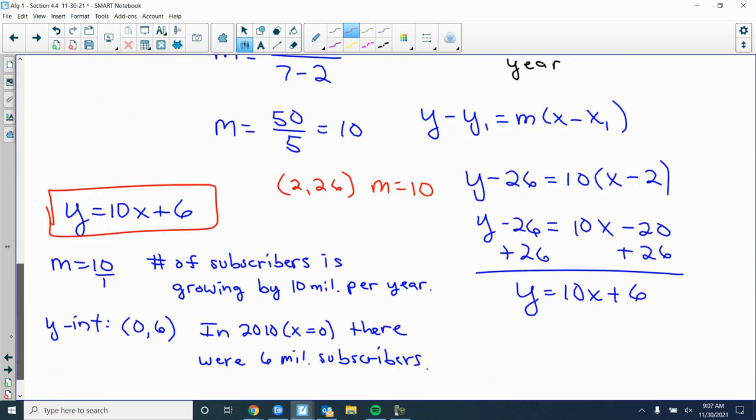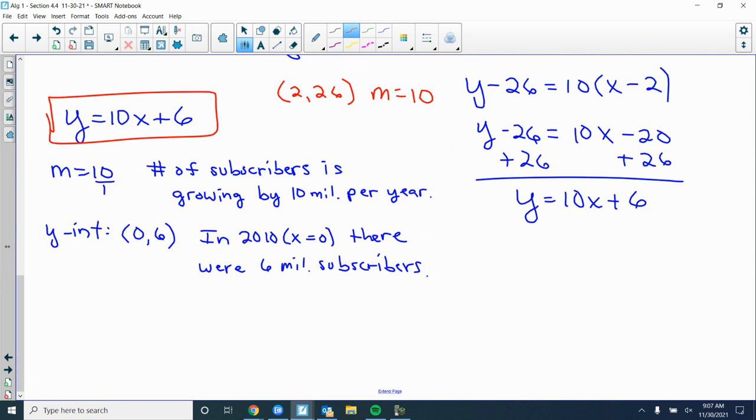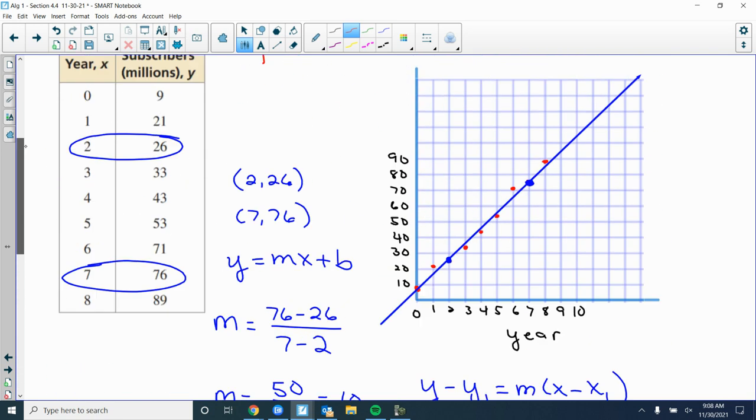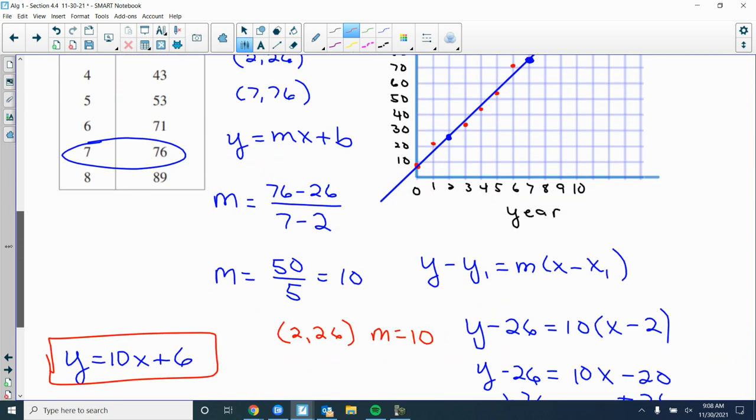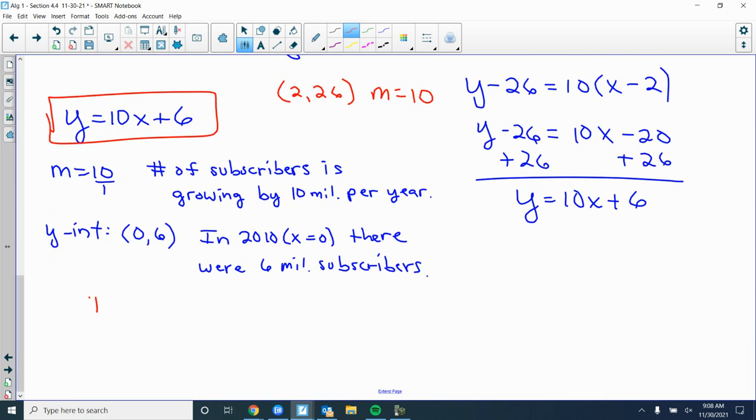So this is where this line comes into play. X is the number of years since what? Or wait, let me change that. Instead of 2020, let's use 2030. So in 2030, how many subscribers will there be? Don't you just have to put 30 in for that?